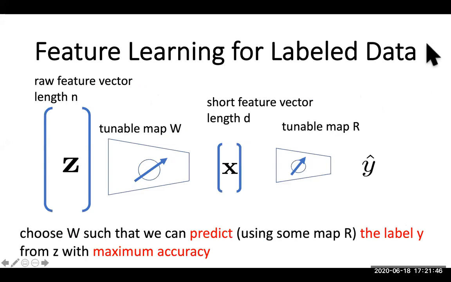But if we have labels, if the data is such that we can define labels for data points, then we should use other criteria instead of the reconstruction error for choosing this compression map. In particular, we should choose this compression map such that we could find another map which can be tuned to reconstruct or to predict the label.